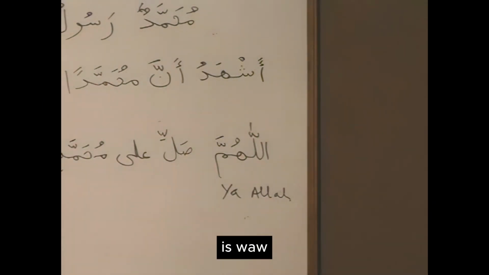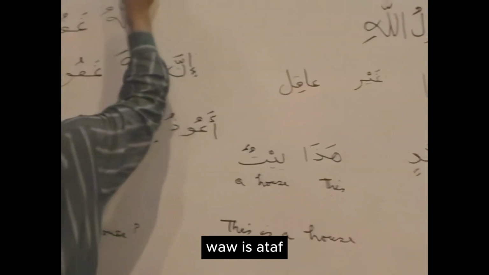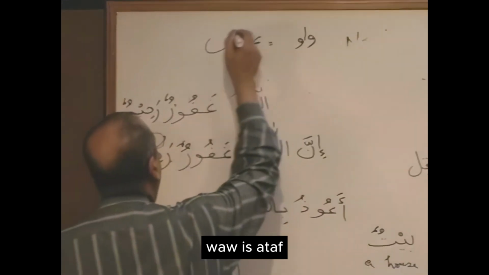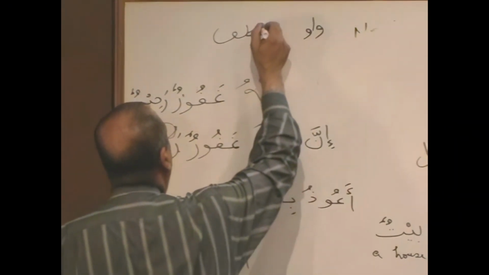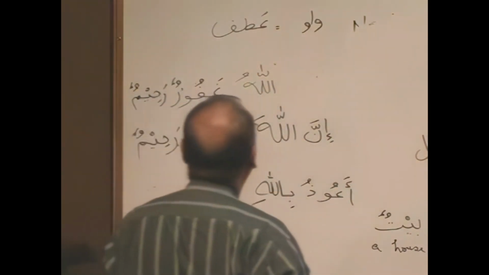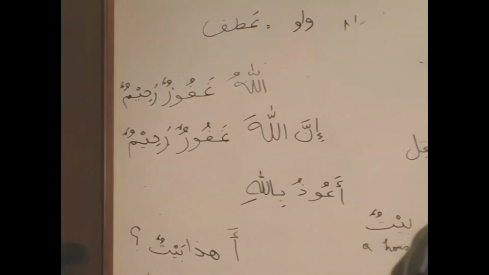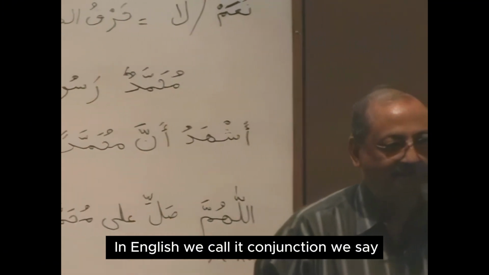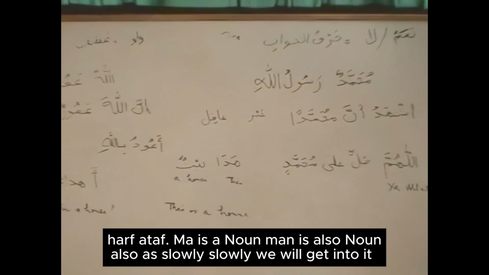Waw is ataf. In English, we call it conjunction. We say harfu ataf.